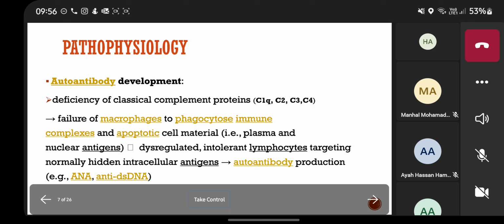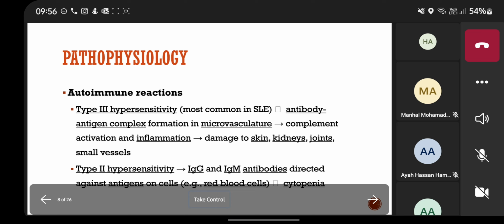This leads to dysregulated lymphocyte tolerance, targeting normally hidden intracellular antigens, and leads to autoantibody production like ANA and anti-double-strand DNA. So apoptotic cell material is not cleared properly, and it gets exposed to the immune system, and the immune system is thought to become sensitized to this material. So next time they encounter such material, the body will mount an immune response toward its own proteins and nuclear materials.